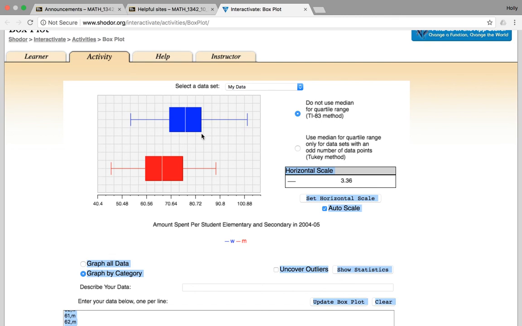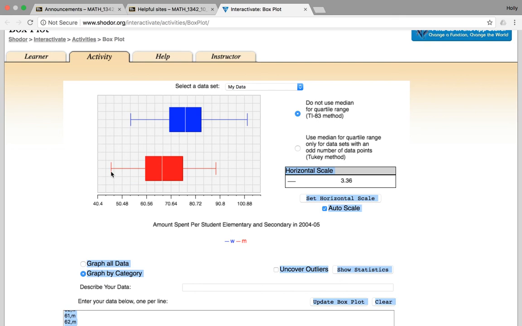So it's looking like for the women, the median is about 76, 78. And you can see for the men here in red that the median is lower than the women, sitting at about 66 or so. So you are kind of eyeballing it.